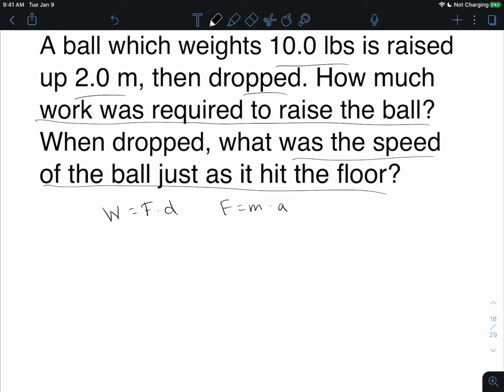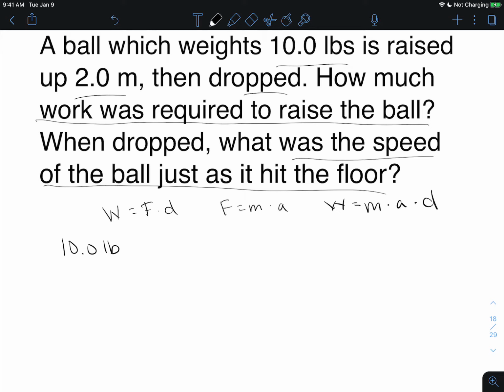So we could actually write work as mass times acceleration times distance by just replacing force with mass and acceleration.